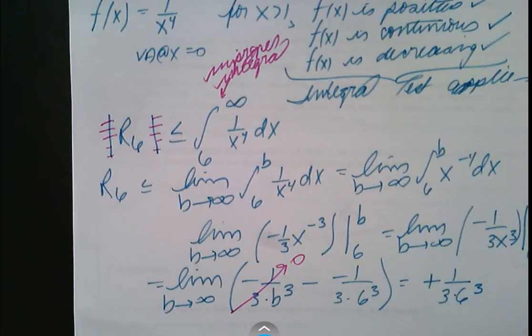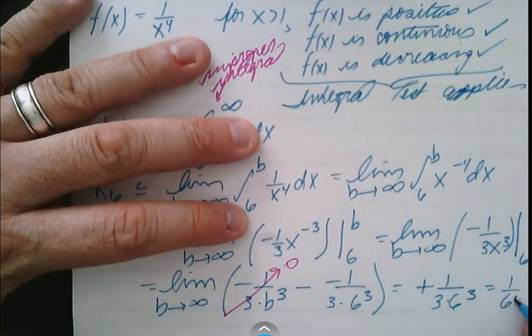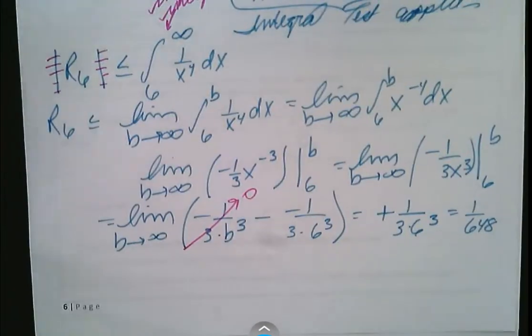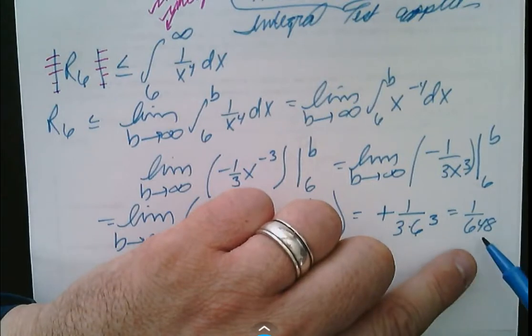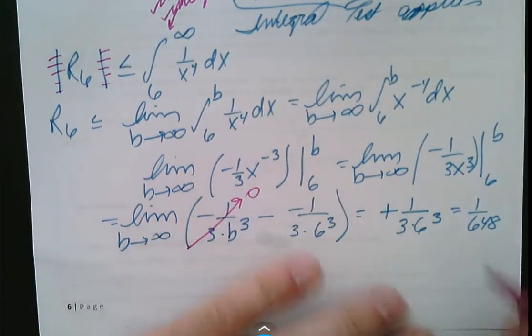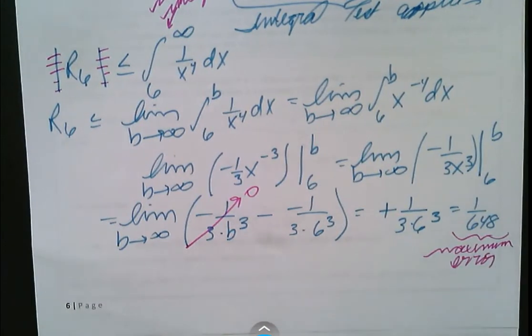If you're not sure exactly what that is, 6 cubed is 216 times 3 is 648. That is not the value of my sum, that's the error. Okay, this is the maximum error. And I think that's what the question was asking for.